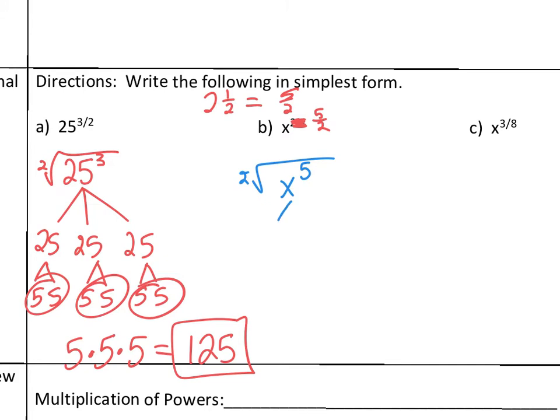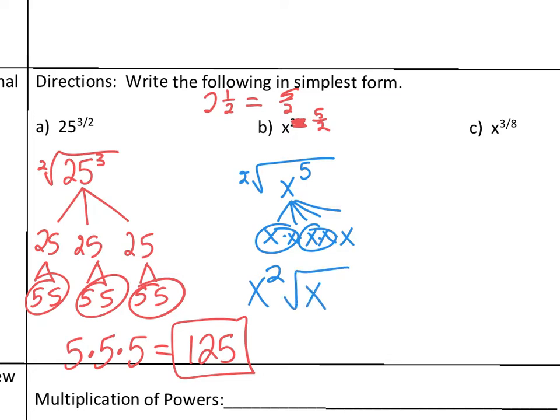If I have x to the 5th, how many x's is that? 5. 1, 2, 3, 4, 5 being multiplied, right? How many groups of 2 is that? 2. So that's just going to be x squared. And then what's left? Square root of x. And that's my answer.